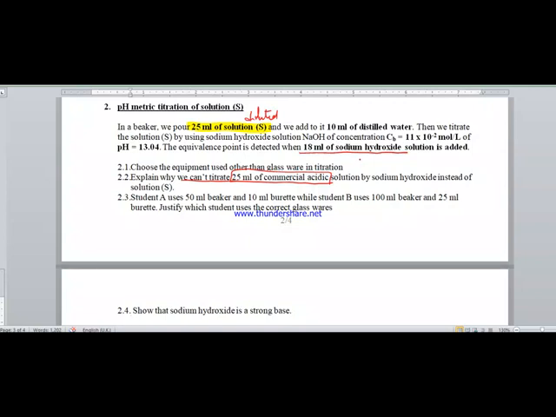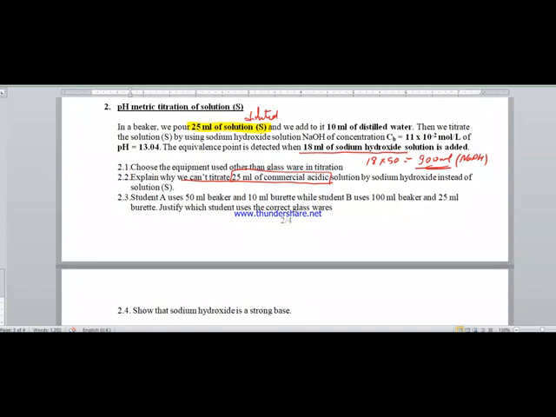If I want to calculate the volume of titrant needed to titrate 25 milliliters, I get 18 times 50, so approximately 900 milliliters of sodium hydroxide. This is what is needed to titrate 25 milliliters of the concentrated or commercial solution.